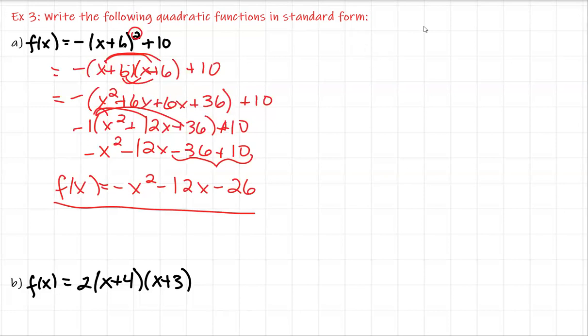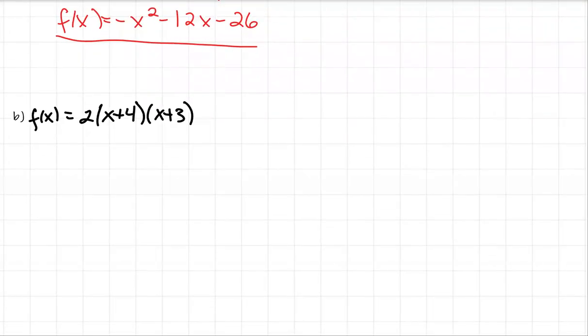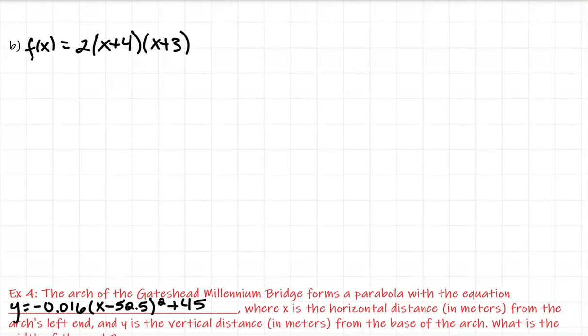And then here is one more for going to standard form. This one's kind of the same idea. We're going ahead and multiplying out this part first. We can go ahead and distribute the 2 immediately. It's really up to you if you distribute this and then multiply into the x plus 3, or if you multiply the x plus 4 and the x plus 3 together and then you distribute the 2. All right, we're going to go ahead and multiply these 2 together first.